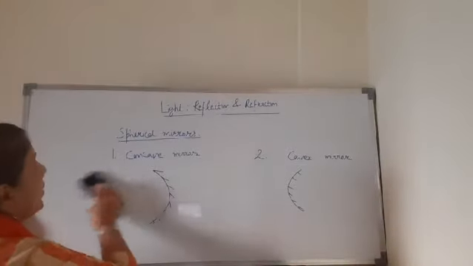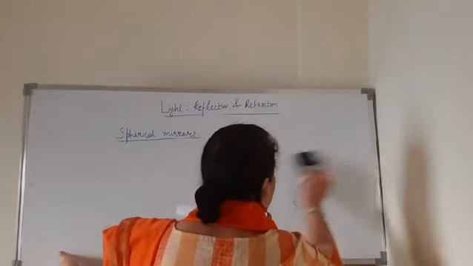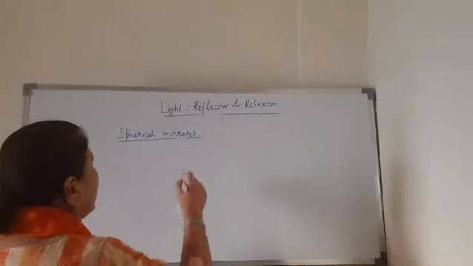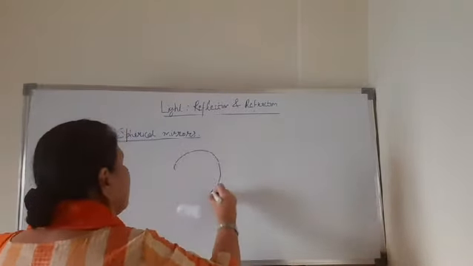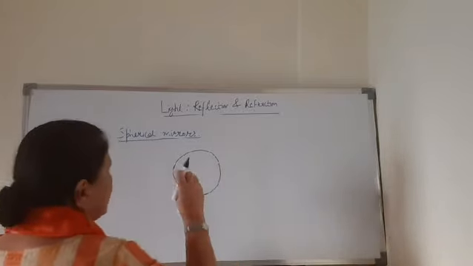So how can we make the concave and convex mirrors? Say we have a big sphere made up of glass, of course.